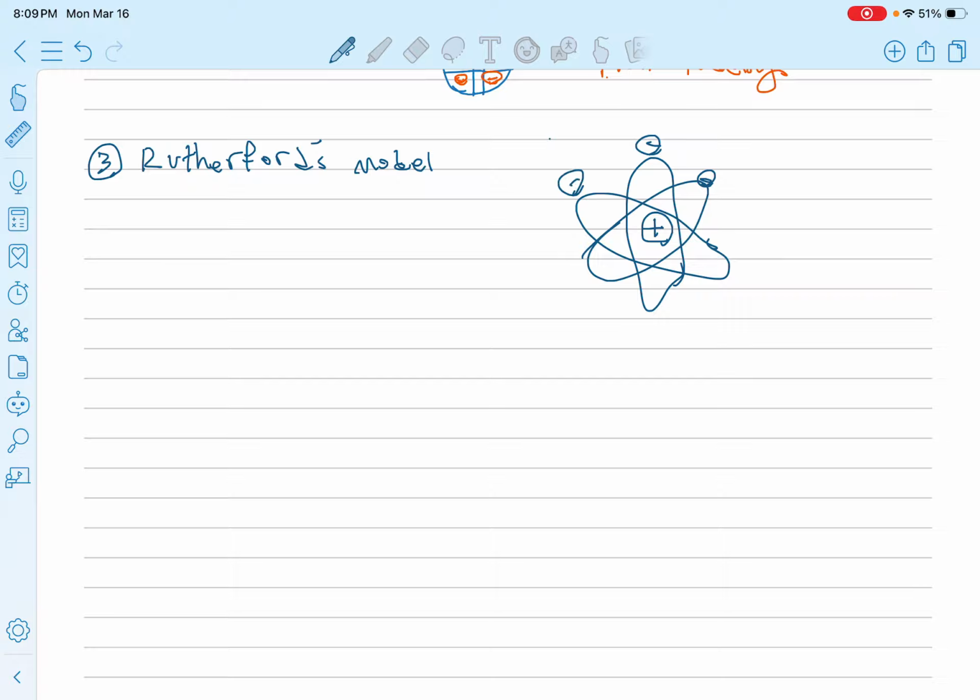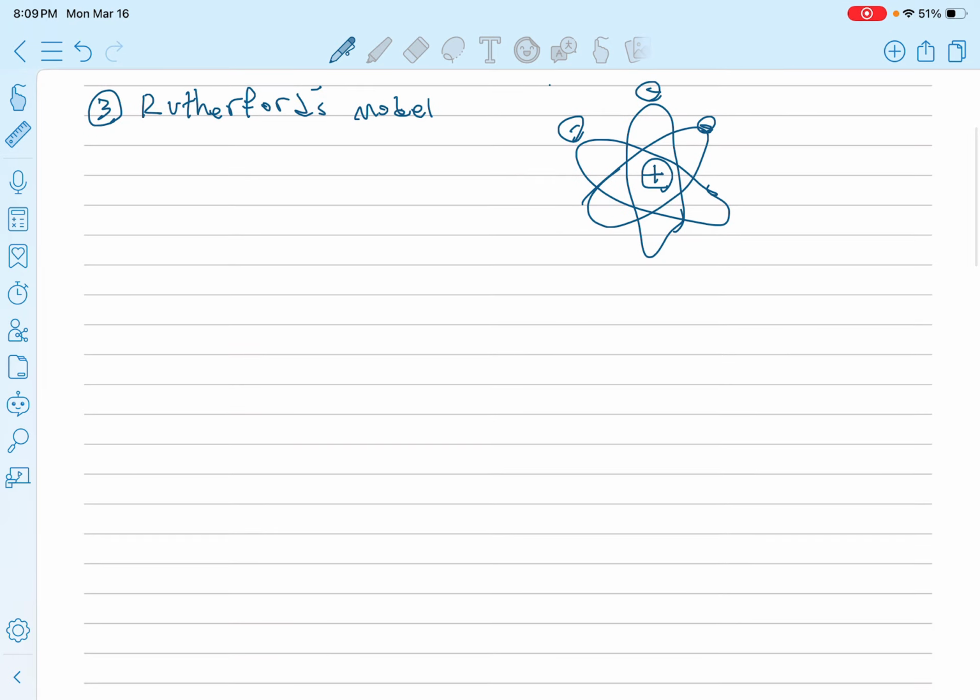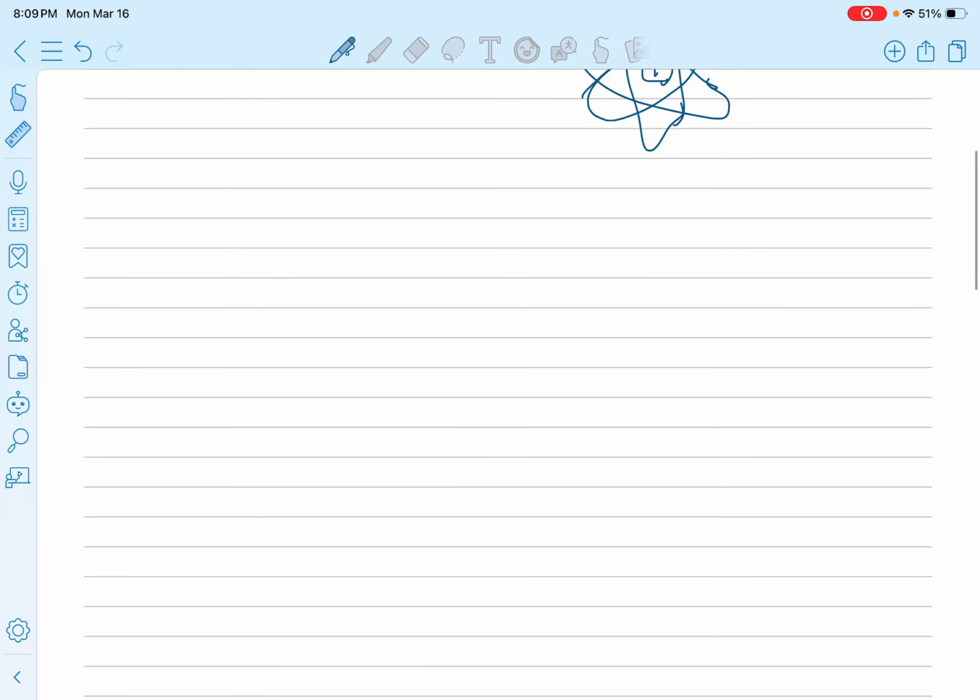Later in grade 12, you will learn how Rutherford reached this conclusion, how he discovered that the nucleus with the positive charge is in the middle and electrons orbit around the nucleus. But for now, understanding this much is enough.